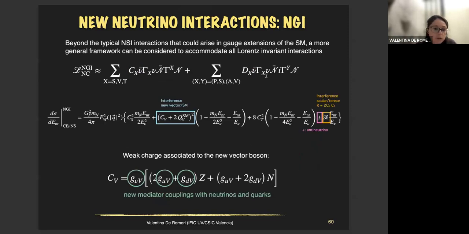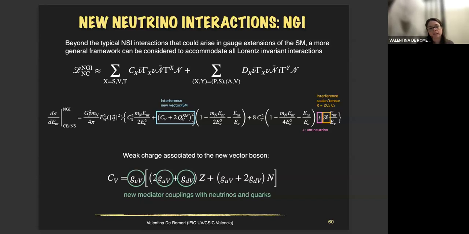We can compute the typical cross-sections for CEvNS in the presence of generalized interactions. We have some interference, of course, between the new vector and the standard model components, and also between the scalar and the tensor one if they are present at the same time.